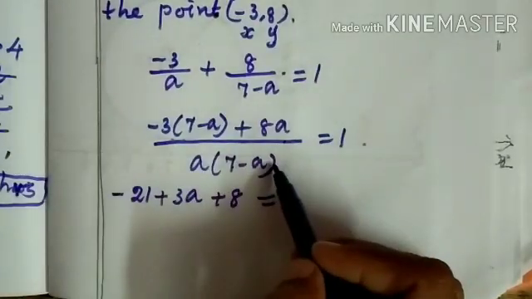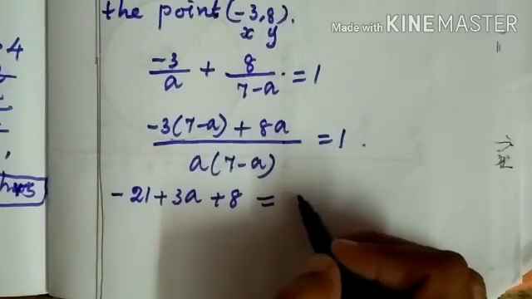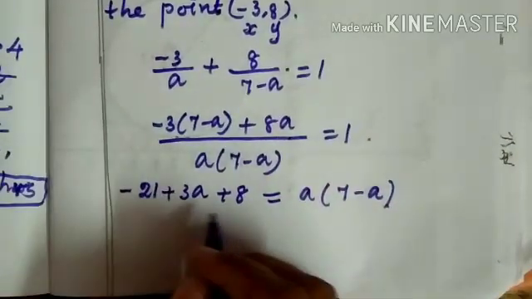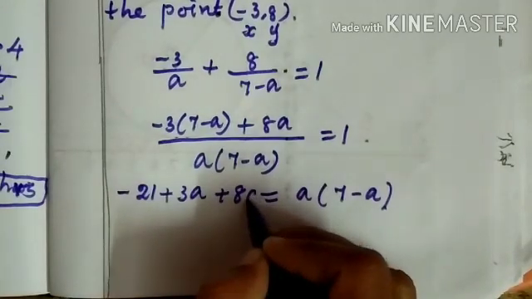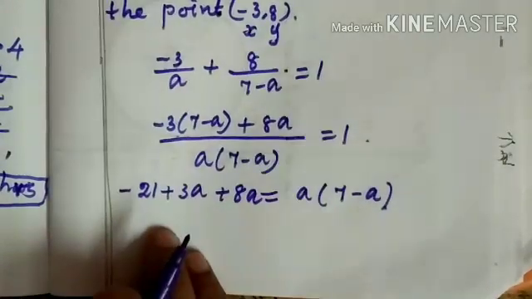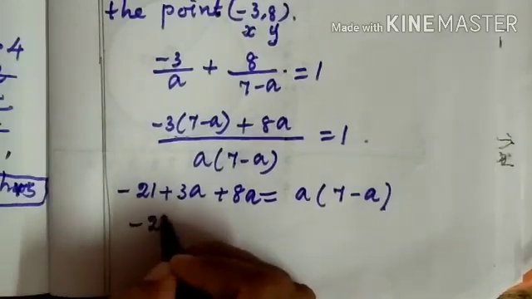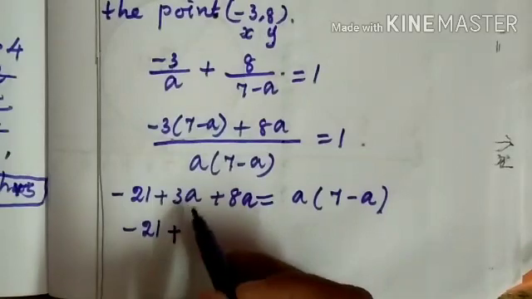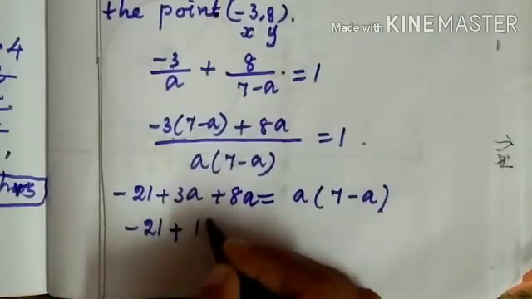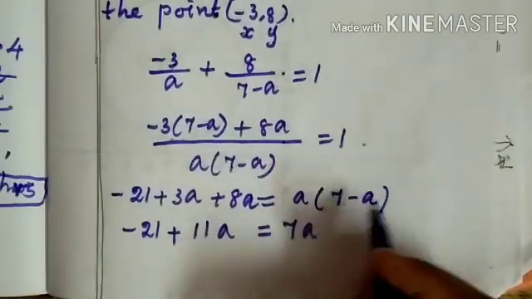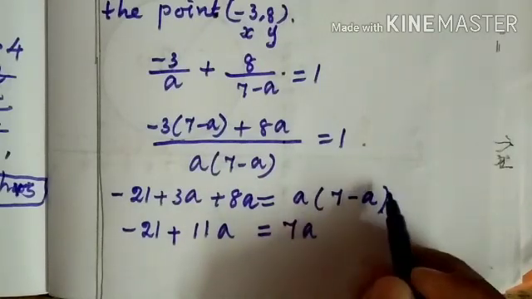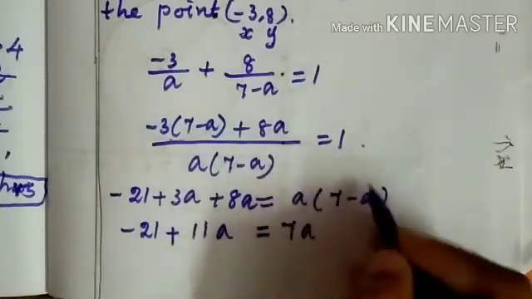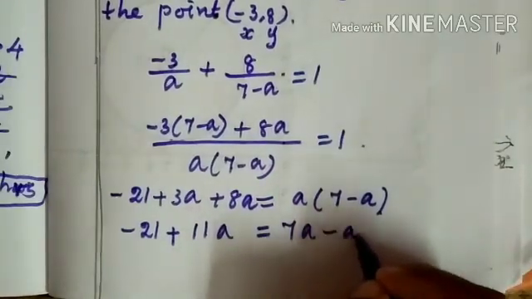Now you have to cross multiply this, and we get a into 7 minus a equals minus 21. Now add the like terms: we get 11a is equal to, now multiply this a and remove the bracket, a into 7 is 7a, then a into minus a is minus a squared.